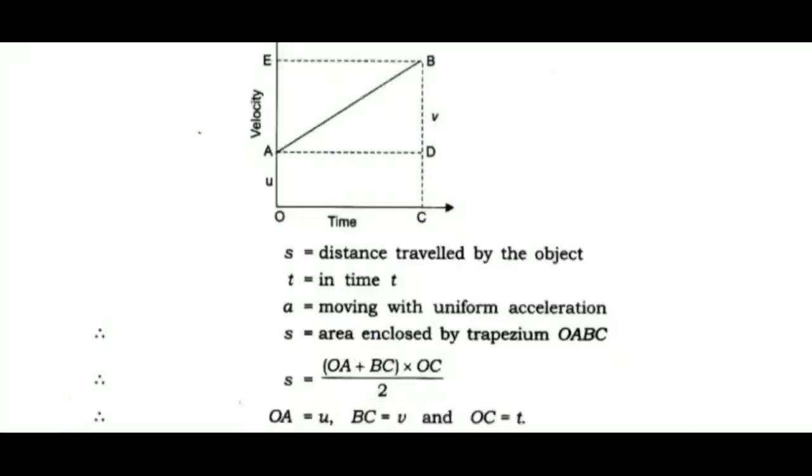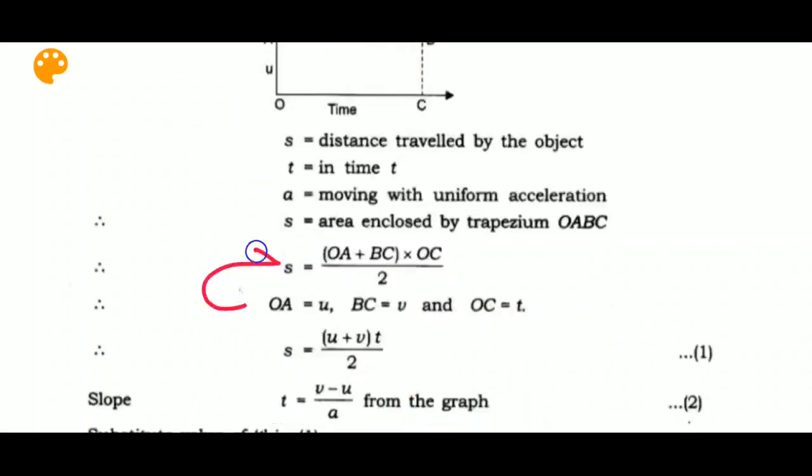Now we know that OA is the initial velocity, denoted by u, BC is the final velocity denoted by v, and OC is the time taken denoted by t. Putting these values in the formula, we get S is equal to u plus v into t upon 2.